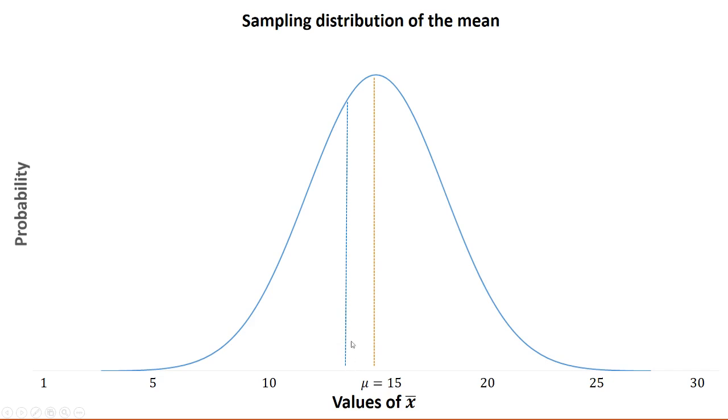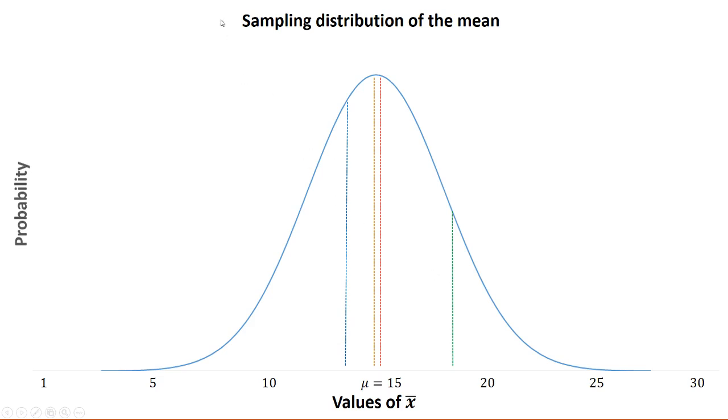The first sample was somewhere down here, it was 14, and the next was a little far away at 18, and then the next was really close at 15.5. And we could keep going. If we kept drawing samples from the population, most likely those sample means would be somewhere around here, but every once in a while, you'll have sample means way out here in the tails.